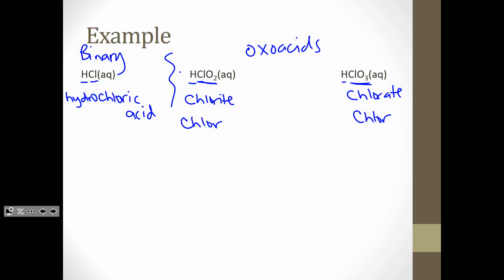Chlor. And so if I end both of them in ic, there's going to be no way to distinguish between the 2. So this one, because it ends in ite, I'm going to change that to chlorous acid. Whereas the one over here, since it ends in ate, that's going to be chloric acid. So look at the differences. We have hydrochloric acid, chlorous acid, chloric acid. All 3 have very different formulas.